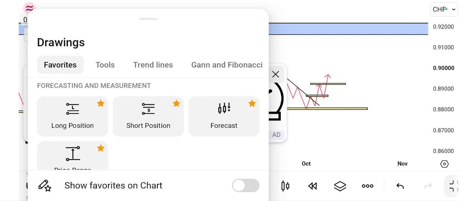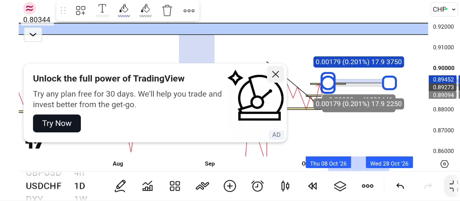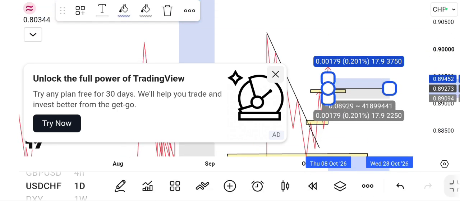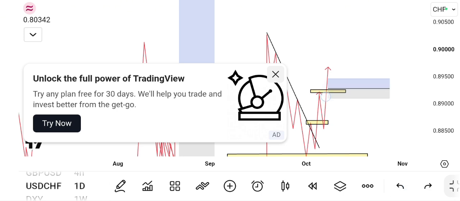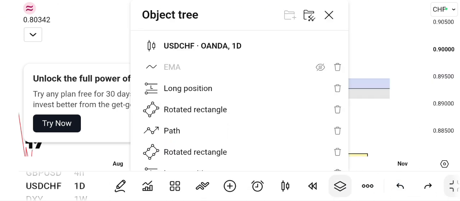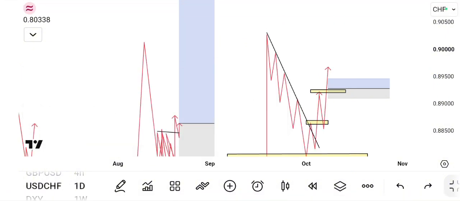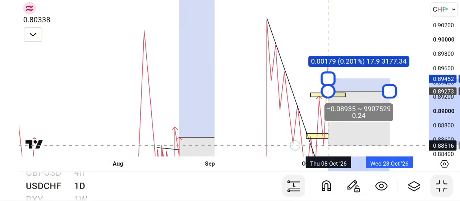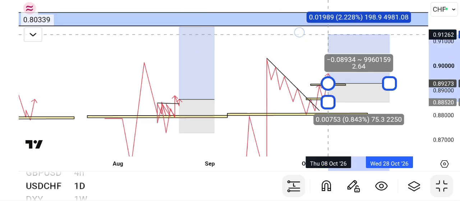So what are you going to be doing? Put your stop loss here. You put your pending order there. Your stop loss should be here and your take profit should be on the 100% retracement level.